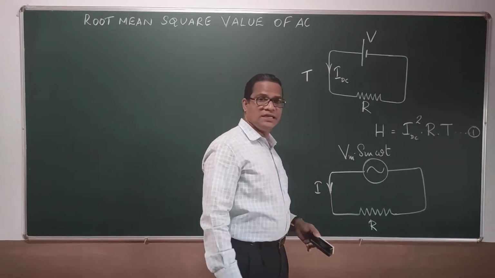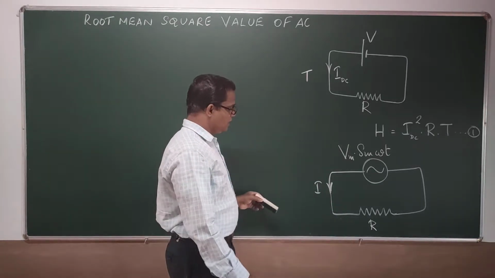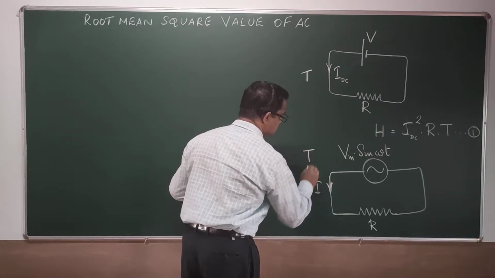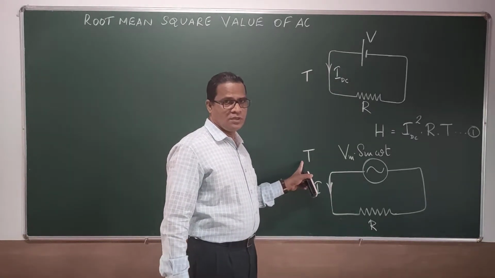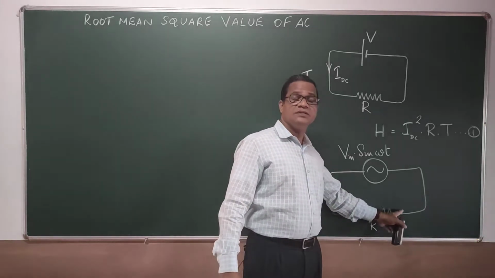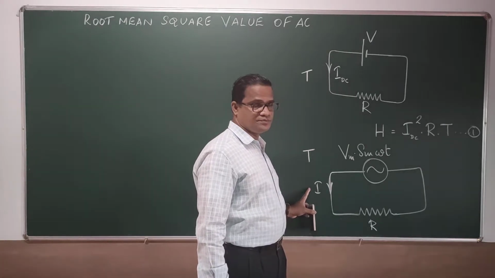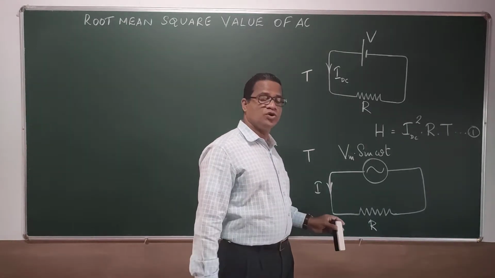So for this instantaneous AC current flowing through, I take a time duration capital T. Then what is the heat energy developed in this resistance? That is what we want to find.